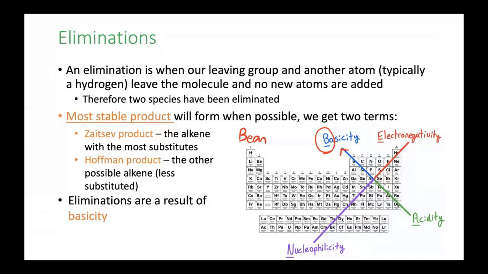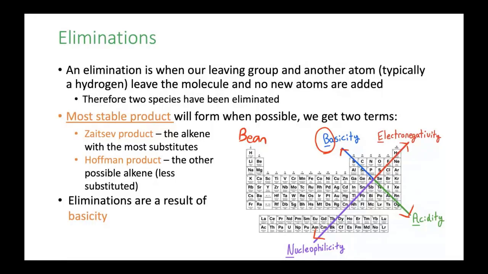I thought these had arrows, but this is our trend for all of these four periodic trends. So basicity is going to increase going up and to the left. And that's just because we want something that is not highly electrophilic, because it wants to give away those electrons, kind of like a nucleophile.